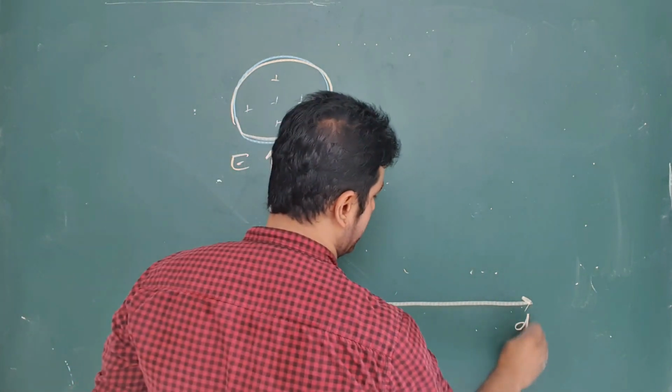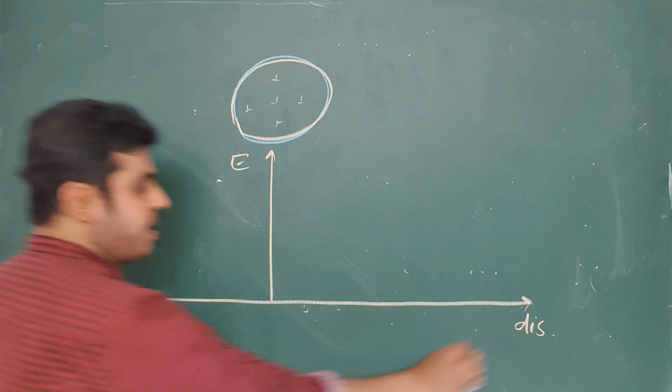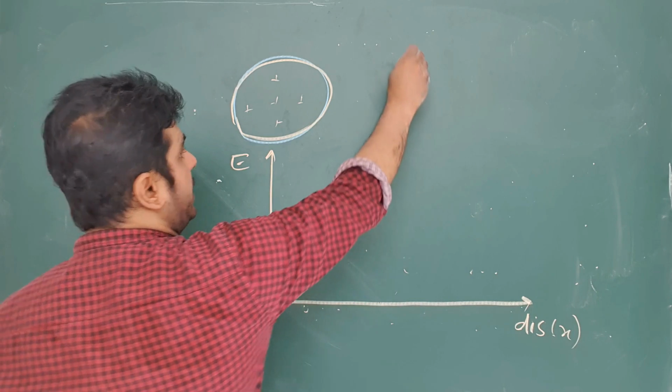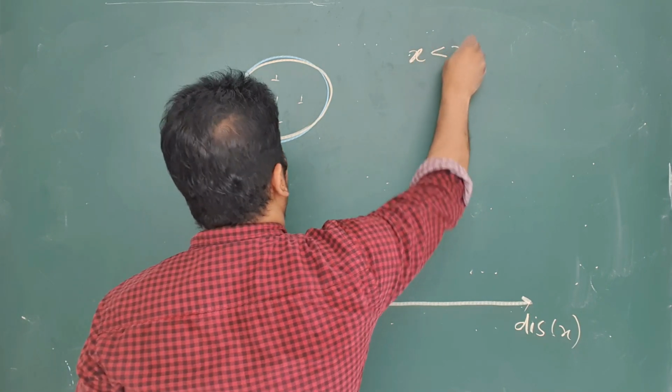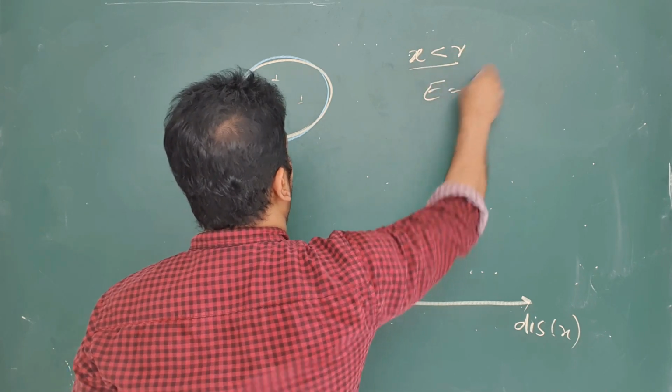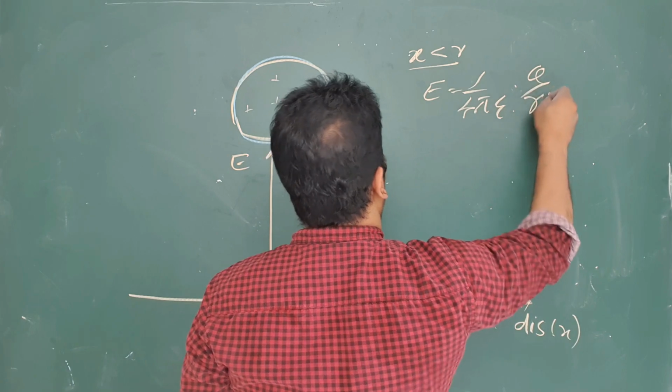Now this is the distance, right? Now everyone knows inside, meaning x less than r, it is given by 1 over 4 pi epsilon naught, q divided by r cube, into x.